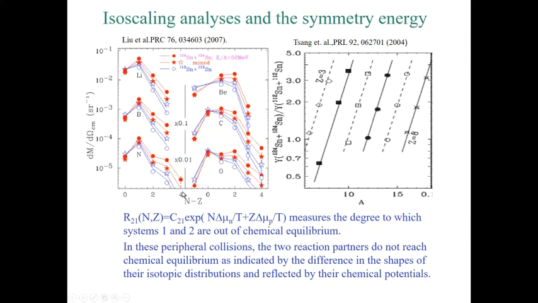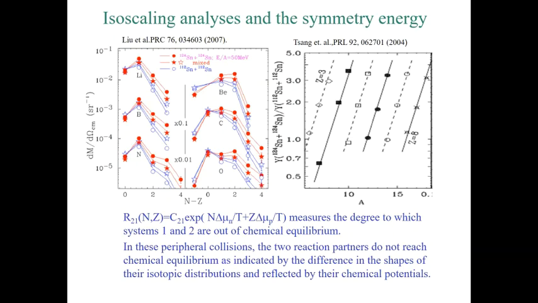That is given by this exponential of the number of neutrons times the difference in chemical potentials for neutrons in the two systems divided by temperature. We assume the temperature of the two reactions is the same. They're pretty close. What's different is only the density needed to create the clusters.